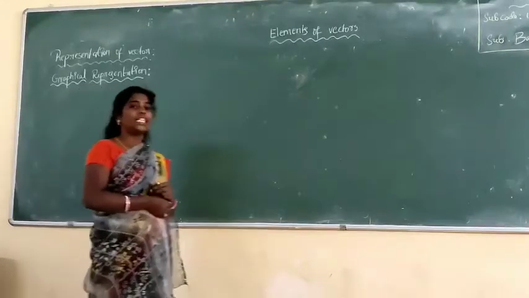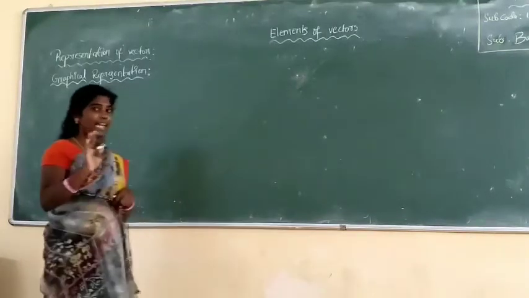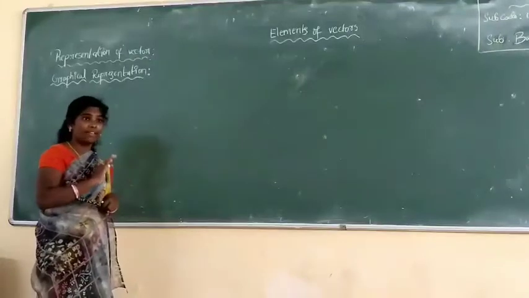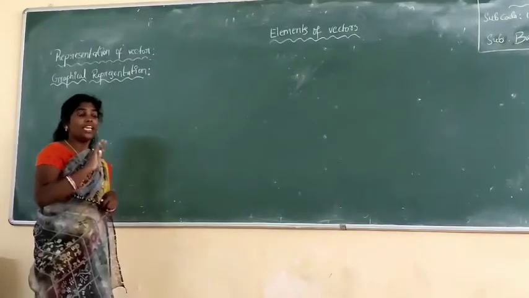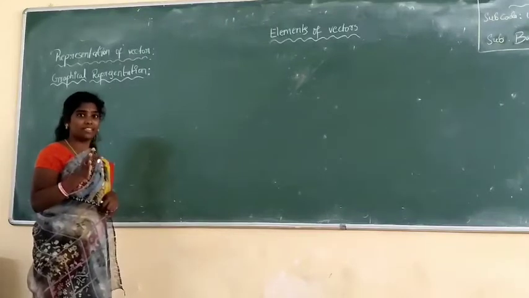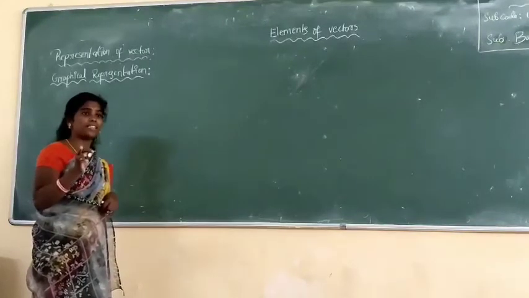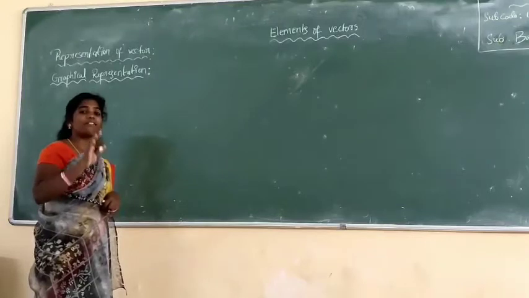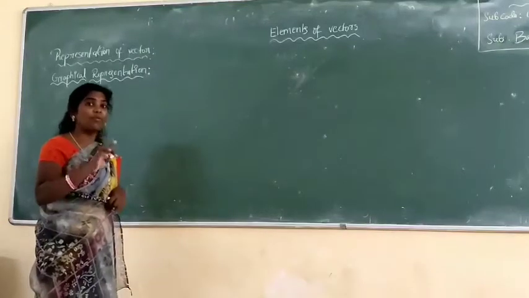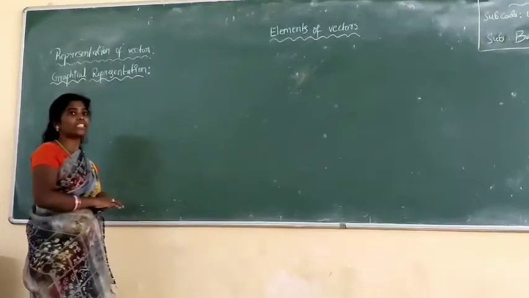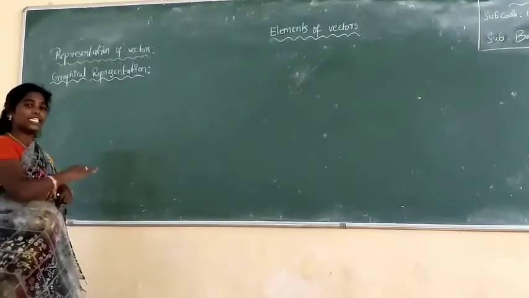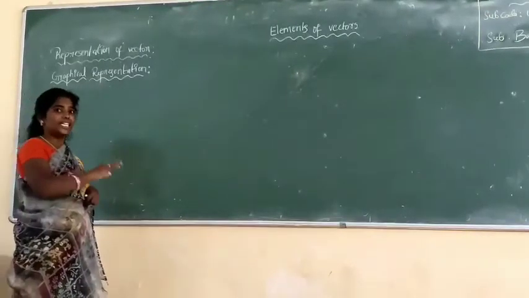The vector is a directed line segment in space. It represents the vector physical quantity, both in magnitude and direction. How do we define a vector? It is a physical quantity that has both magnitude and direction.